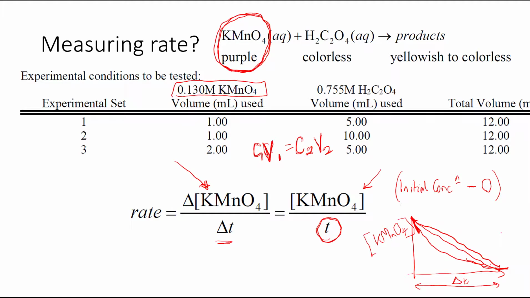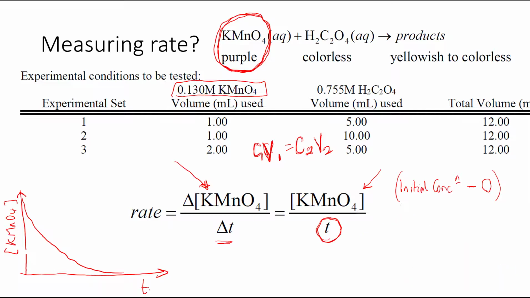So we find there's actually some significant errors in this approach. Here's our graph, and on the y-axis we have the concentration of potassium permanganate. The potassium permanganate decays, the concentration changes over time, so time is on our x-axis. But if you think about it, the initial rate of the reaction is the slope of the curve for the potassium permanganate. But what we actually measure to be the rate, right?